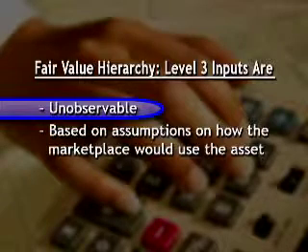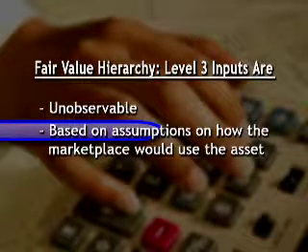The assumptions are developed by the entity itself. So level 3 inputs are unobservable, and they're based upon assumptions that the entity makes as to what the marketplace would use going forward.